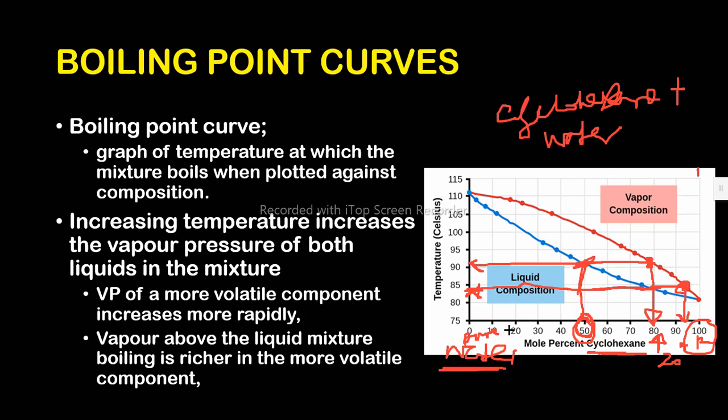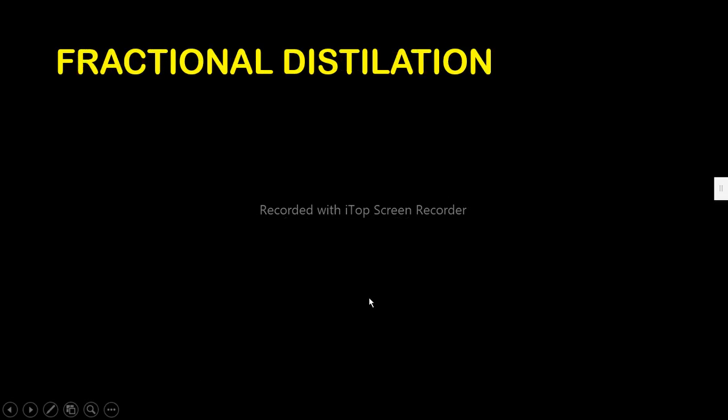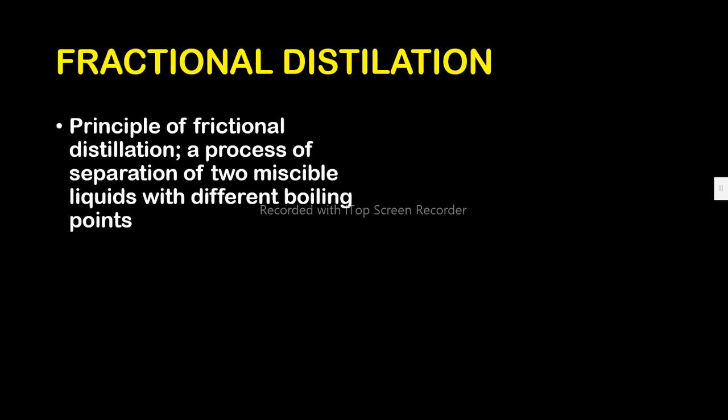So basically that's how simple this graph is. And we are going to meet questions and we shall be able to answer those questions. So let's talk about the principle of fractional distillation after having that deep understanding of a boiling point composition curve. Fractional distillation is a process by which two miscible liquids with different boiling points can be separated.